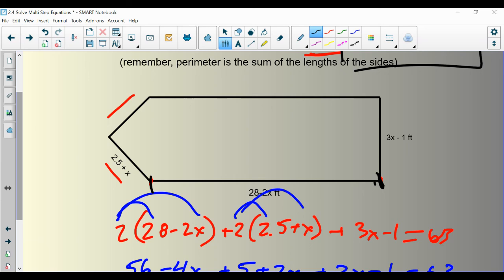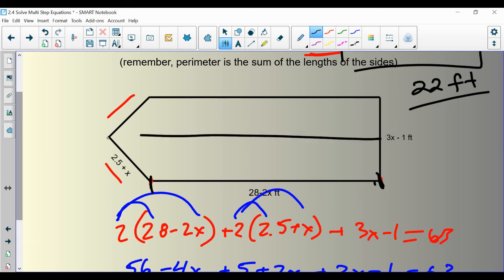So 28 minus 2 times 3 would actually be 22 feet. And I know that what is the length isn't super clear. Like, is it this distance or this distance? But I'm telling you right now, it's this. That's what I'm interested in finding out. And we found out it's 22. So that would be the answer.